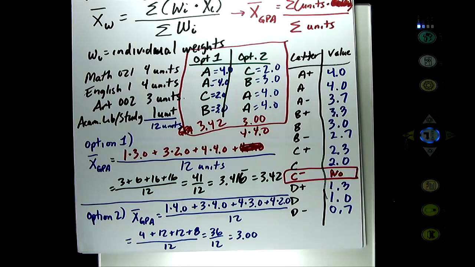So, if push comes to shove, and all your classes take about the same amount of work, dump the low unit courses first. Worry less about the 3-unit course than the 4-unit course. They frequently have about the same amount of work, but the 3-unit has less impact on your GPA than the 4-unit class.